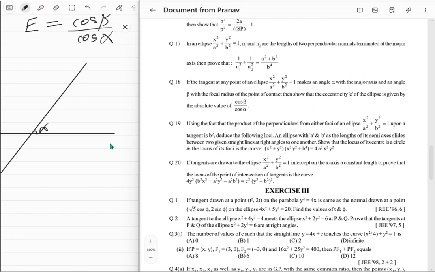Wait a second. If the focus is over here and this is S1, S2, I don't know, just randomly doing this, we don't know where the point of contact is going to be, right? But we do know that this is a tangent. So if I reflect it like that, you will actually get the point of contact. There we go. And similarly, if you reflect it, you get the other point of contact.